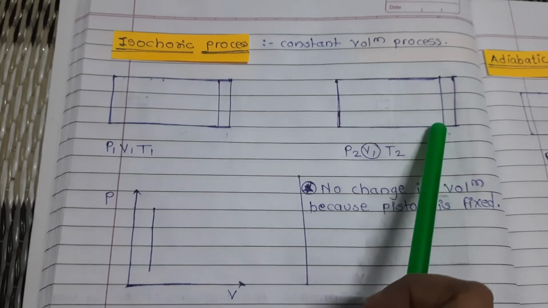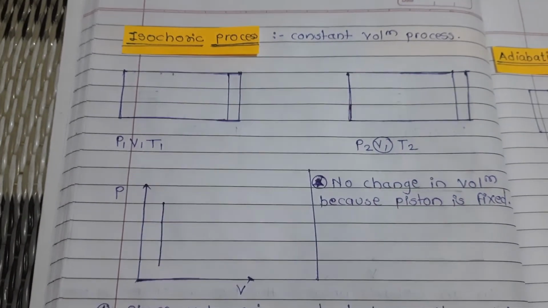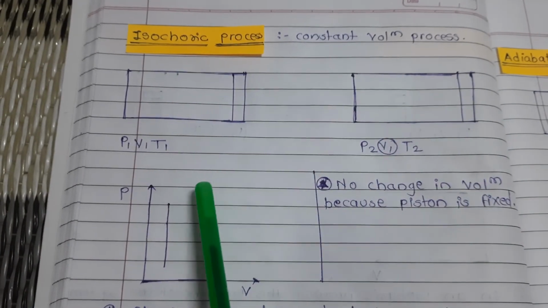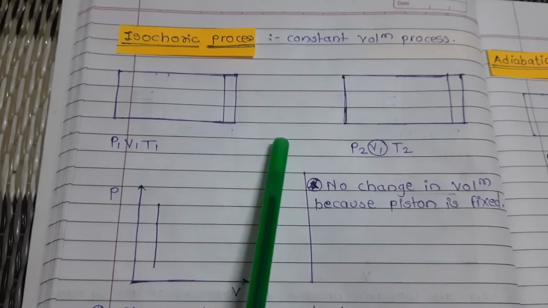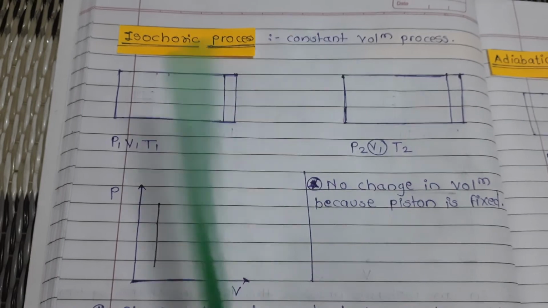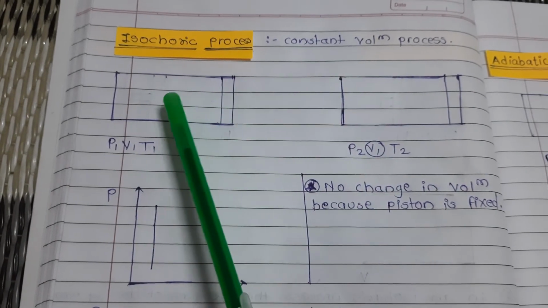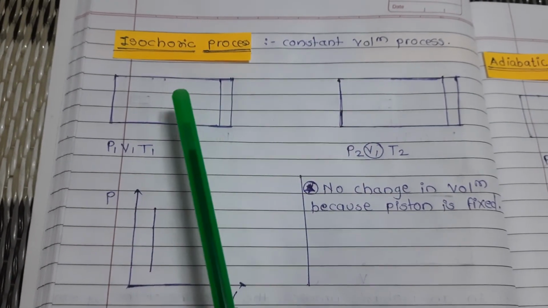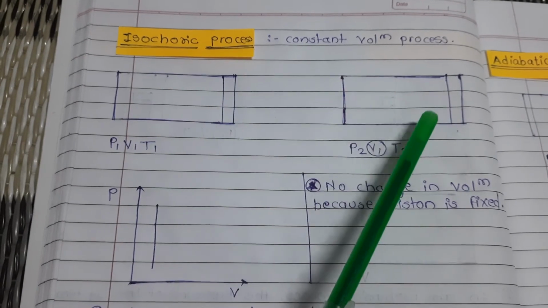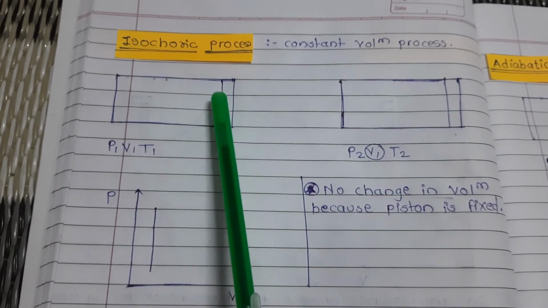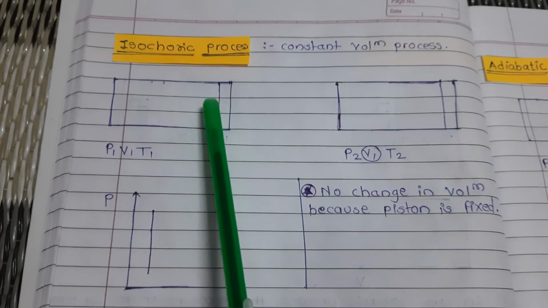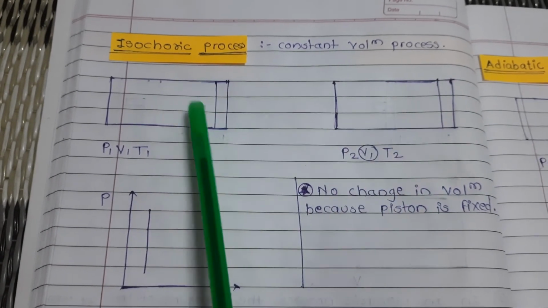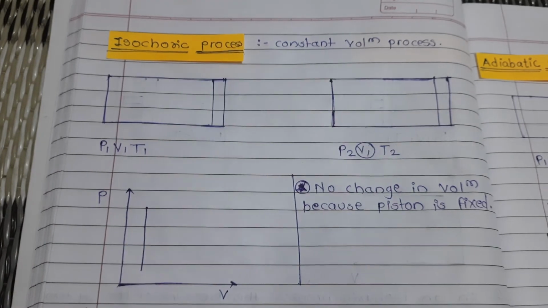The fixed piston of the system can also show that there is no work done, because there is no moving of the piston during this process. No volume change, hence work done is 0.